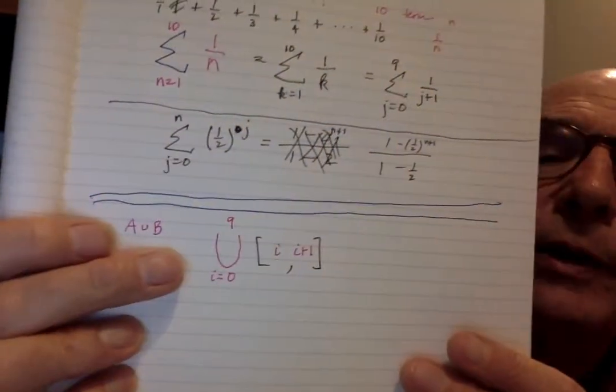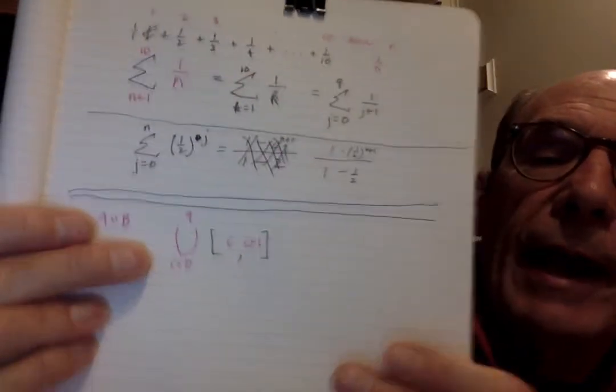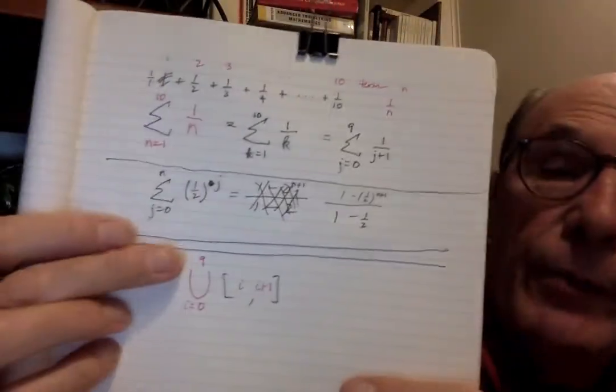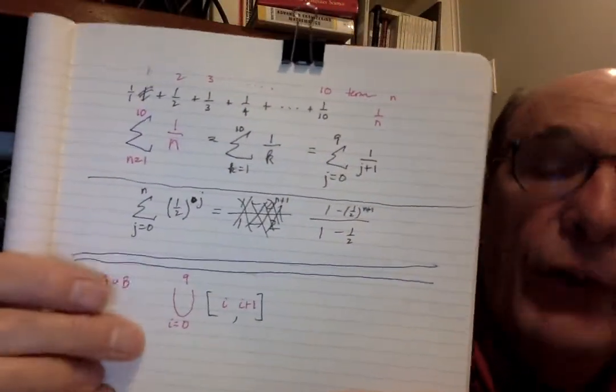So I'm going to use the closed interval. So the symbol for a closed interval is to include things in square brackets with a comma in between. And the endpoints in this example are i and i plus 1. So this is a union of closed intervals on the number line, and there are 10 of them. When you go from 0 to 9, that's 10 actual terms.